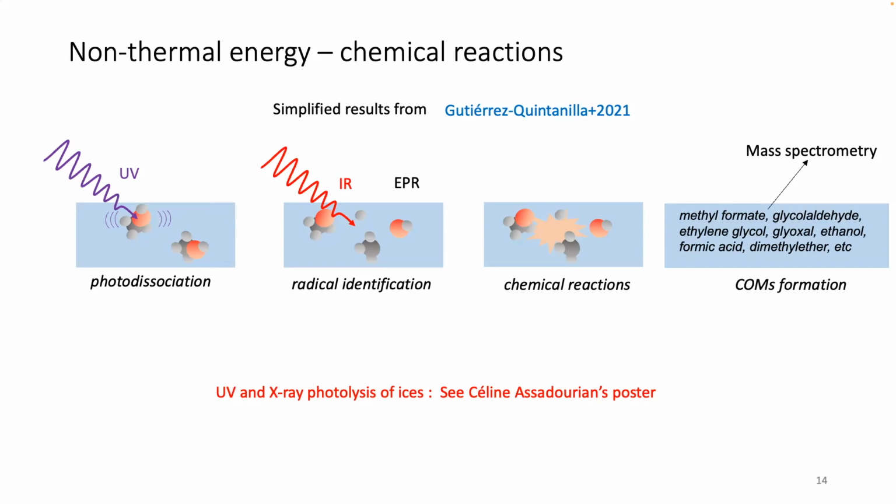And then there were some chemical reactions occurring between these radicals. These chemical reactions led to the formation of complex organic molecules. You have a list here: methyl formate, glycolaldehyde, ethylene glycol, glycerol, and so on. So this is a study that showed that radical chemistry can lead to complexity, to complex organic molecule formation.